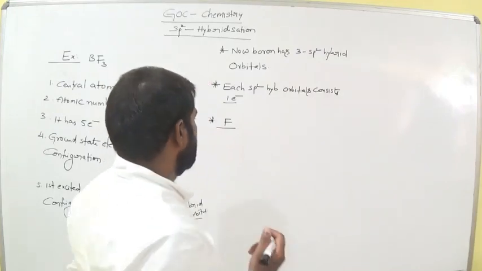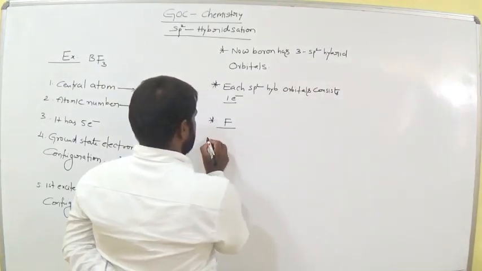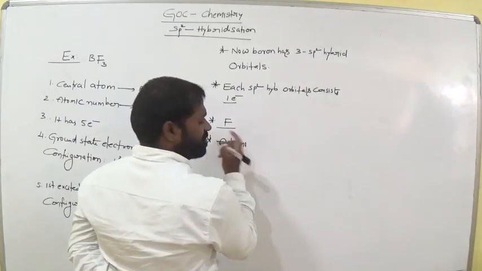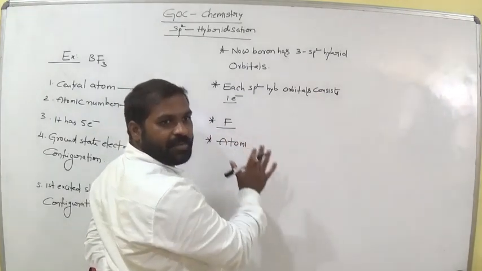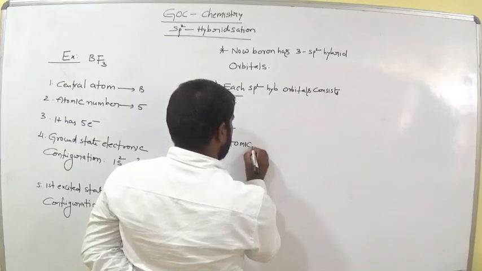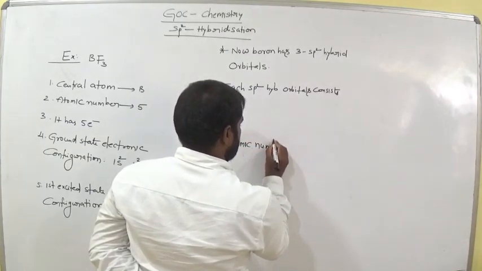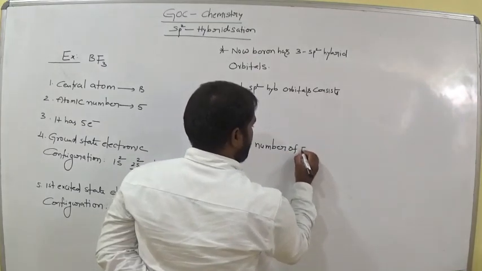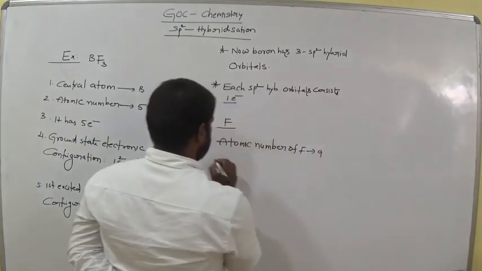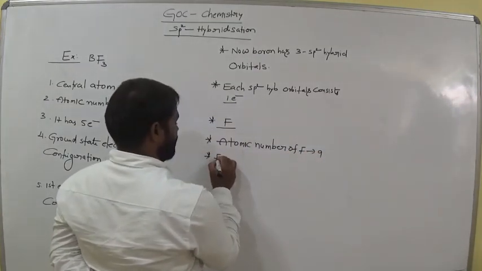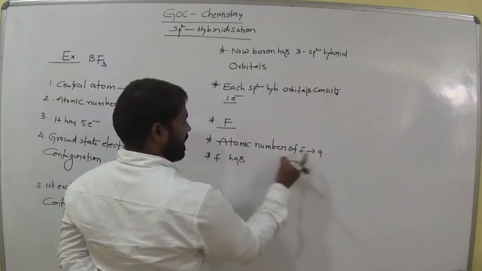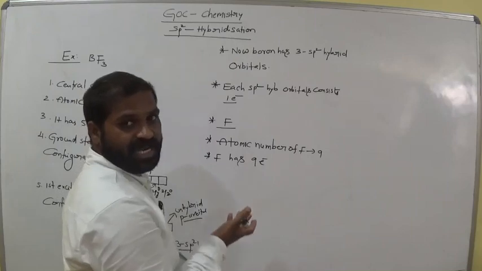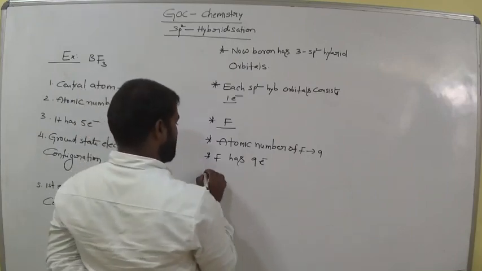Now fluorine, we have 3 fluorines, all with the same pattern. The atomic number of fluorine is 9, which means it has 9 electrons. Atomic number equals its electron number, remember this.